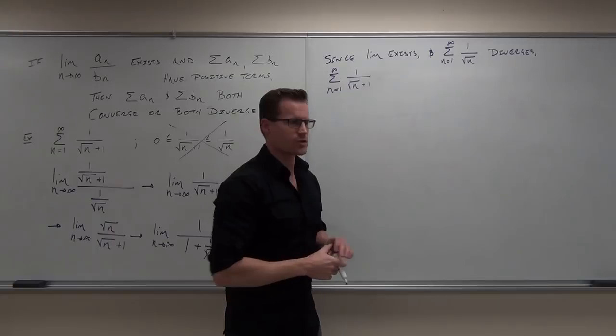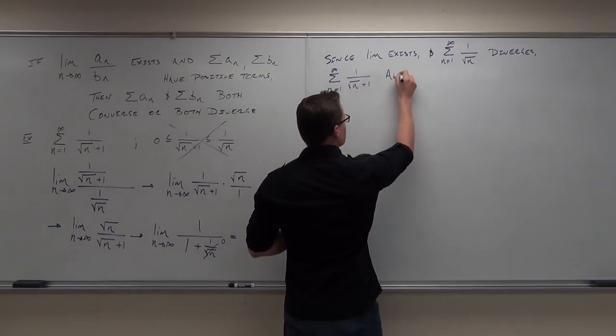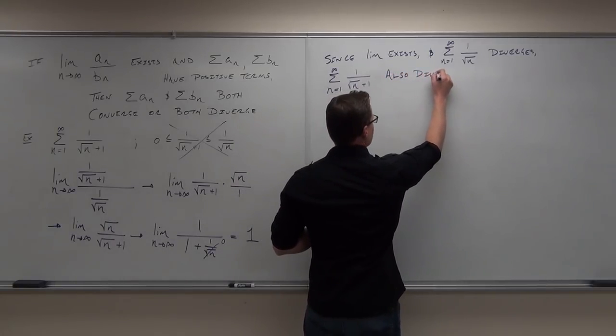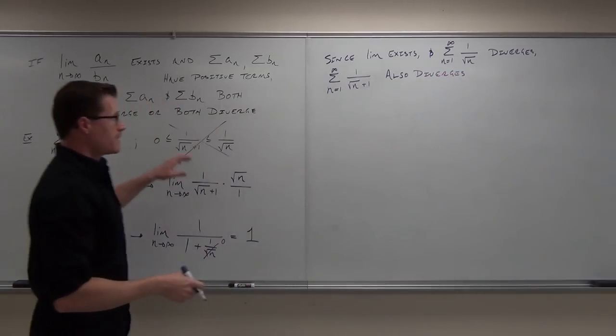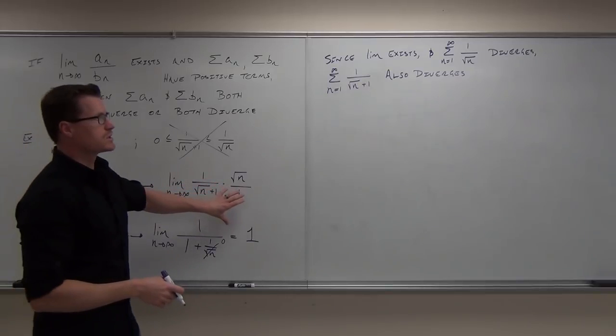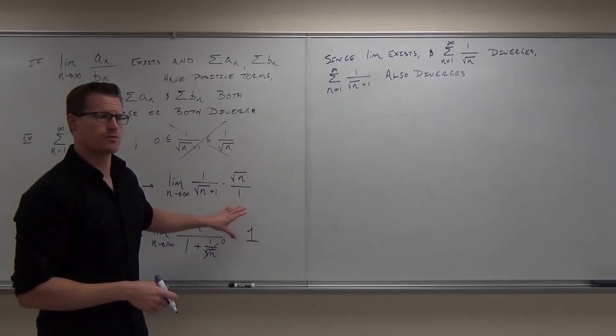Divergent. Also diverges. So we say, all right, the limit exists, they're tied together so closely that they're going to have the same result, either both converge or both diverge.